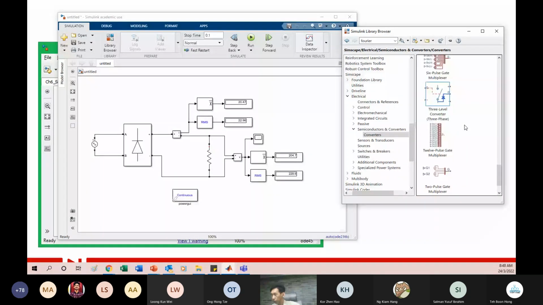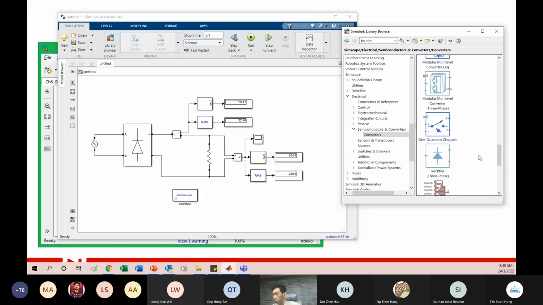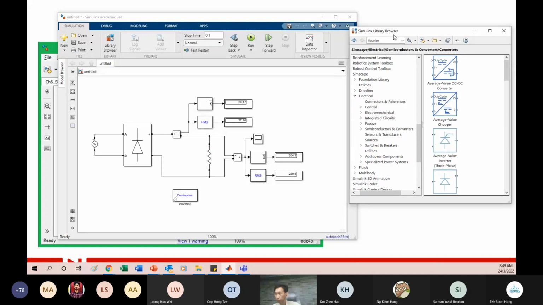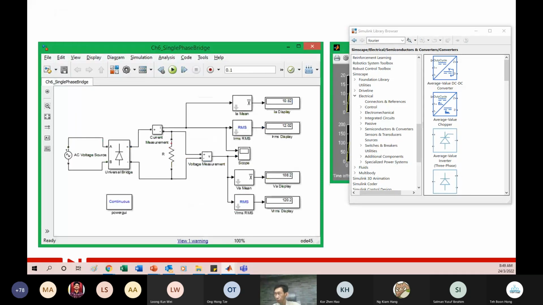Oh, they don't have a single phase version. But anyway, the principle is still the same. You just need to construct the diode in order to do that. So that will give you some examples. Okay, let's keep this for a moment.